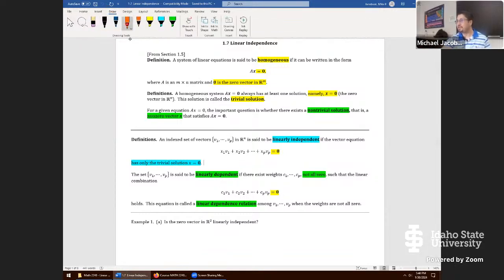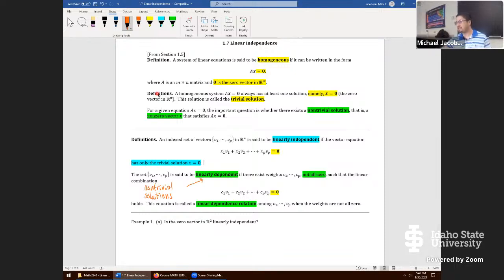Let's also say a little bit more here. Linear dependence means non-trivial solutions. But we know even more: if there's non-trivial solutions, we can say something about the variables of the system. It has to have at least one free variable in order for those non-trivial solutions to exist.